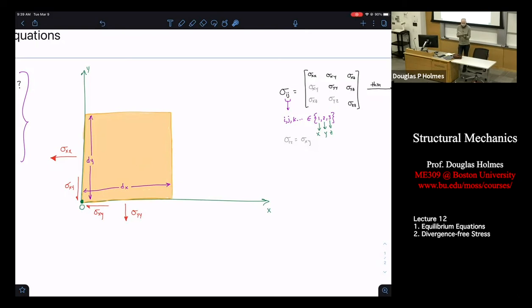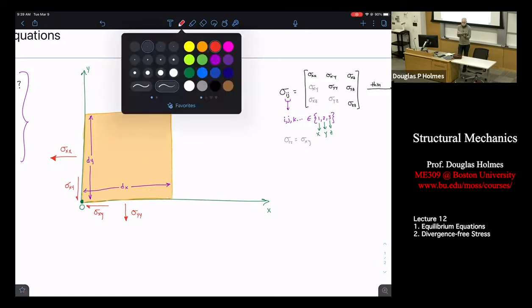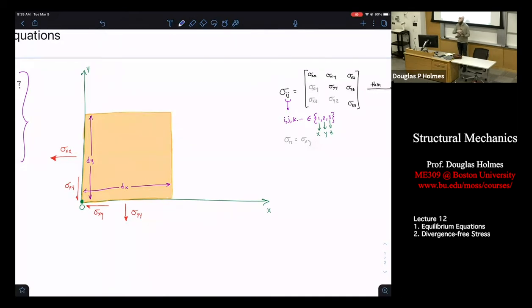We could say that this thing is also in the presence of body forces. Body forces act on the volume of the object. You should think of a body force as being something like gravity or a magnetic force, which is acting essentially uniformly on the entire body. So we'll draw those kind of at the center of this object to indicate that it's not something acting on an edge, which you often refer to as like a traction force, something that's acting on a surface.